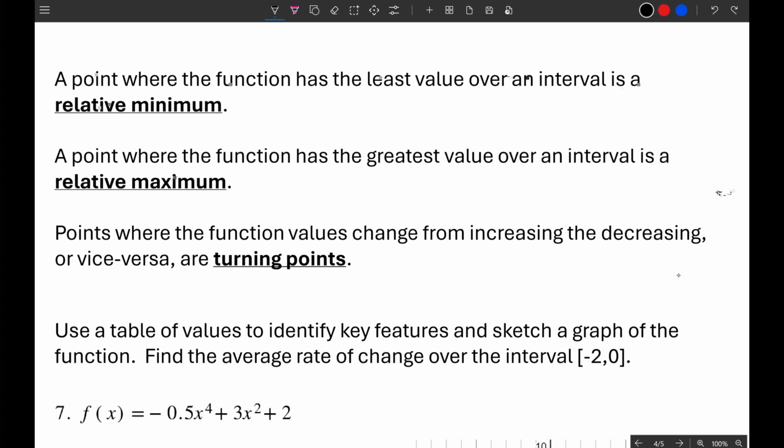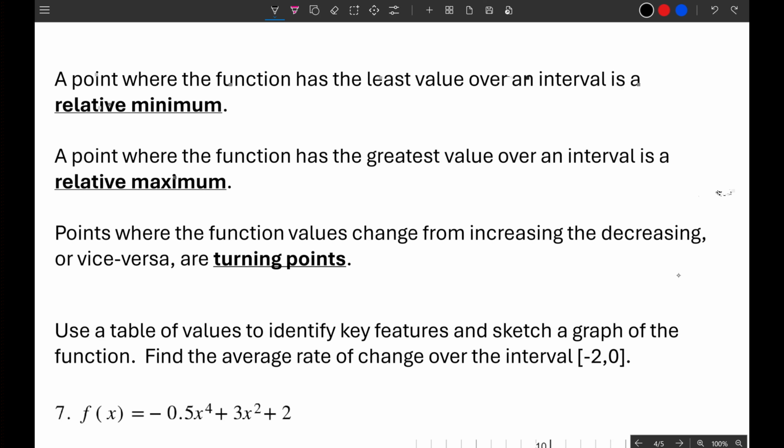Now, it asks me to state my relative mins and maxes here. So we have a relative maximum in two locations. So we'll say near. Well, I know that it's near this point and it's near this point. So I'm going to name those points.